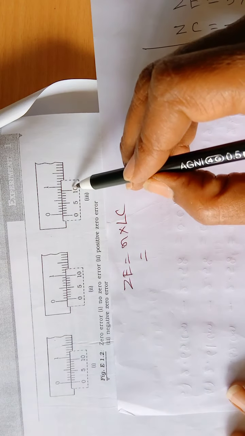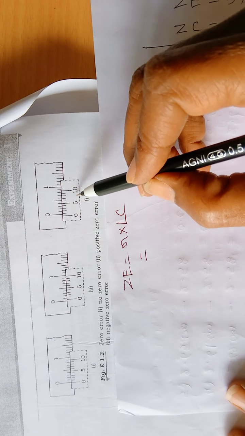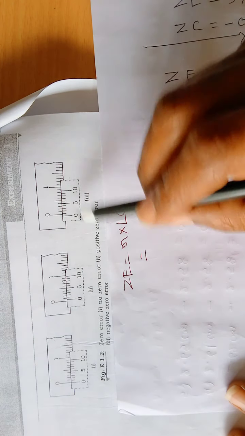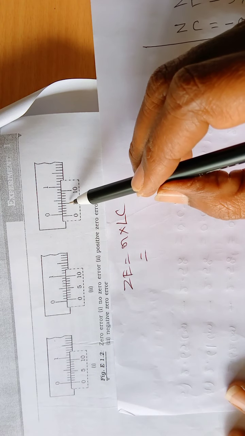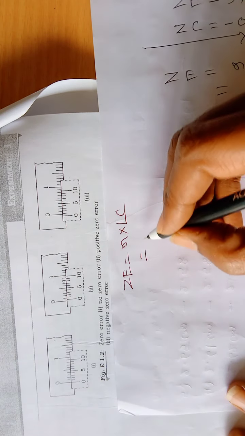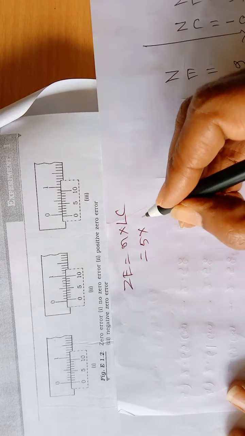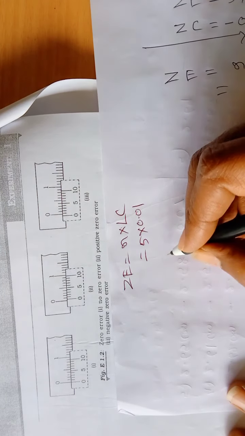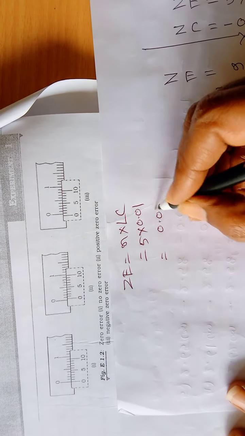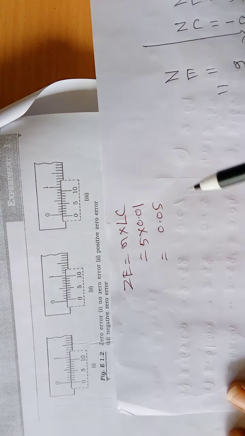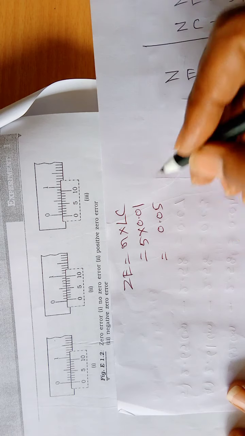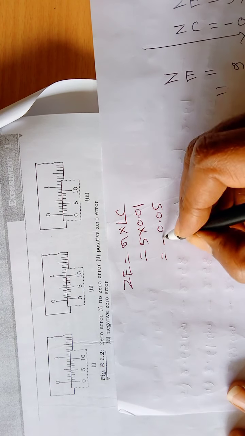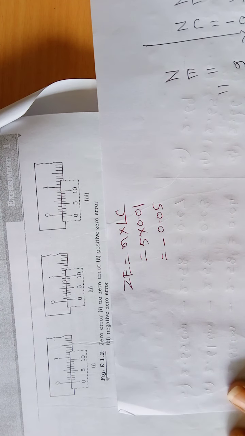Out of the 10 divisions, which is coinciding with main scale division? In this diagram also the fifth division is coinciding. So the N value is 5 only. Least count 0.01. So 0.05. But here vernier 0 is to left side of the main scale 0. Therefore here the error is negative. This is negative zero error.